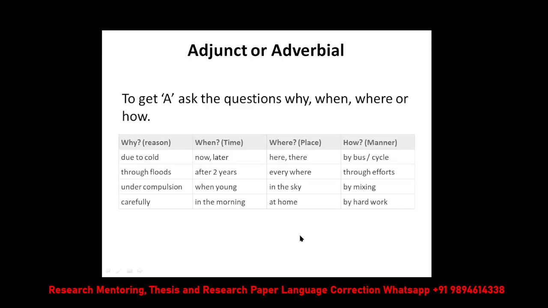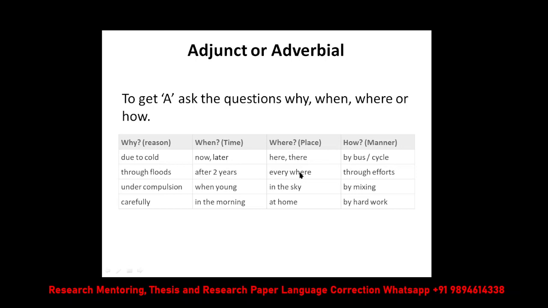Next comes adjunct or adverbial. Generally, it answers four questions: why, when, where, and how. Why talks about reason, when talks about time, where talks about place, how talks about manner. There are example phrases given here. Why: due to cold, through flood, under compulsion, carefully. When: now, later, two years, morning, afternoon, evening, days, time.